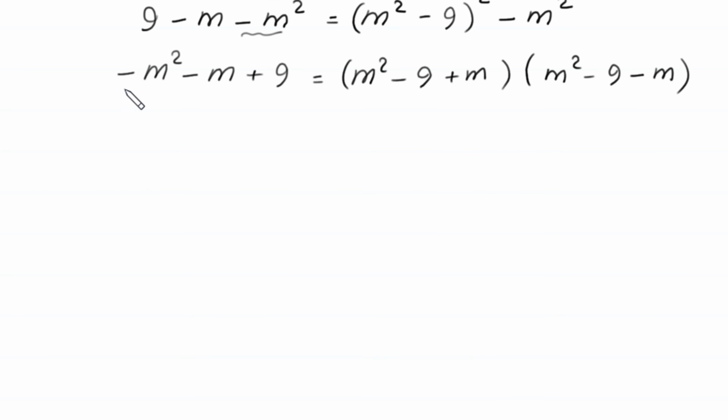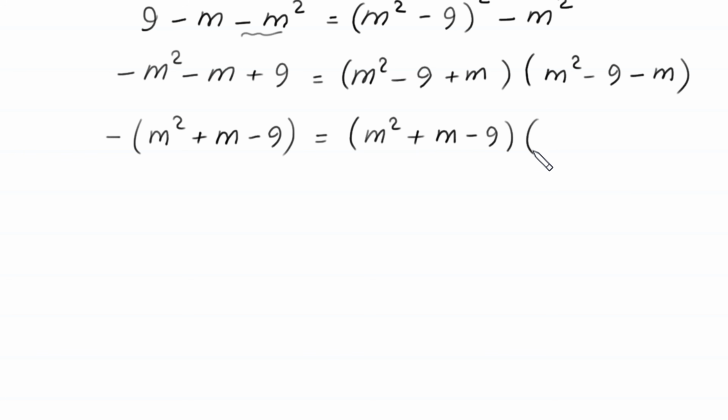Now we take a negative sign outside the parenthesis, then this will become negative times m squared plus m minus 9 is equal to, we rearrange these terms, we write m squared first, then we write this plus m minus 9 times, we rearrange these terms, m squared minus m minus 9.